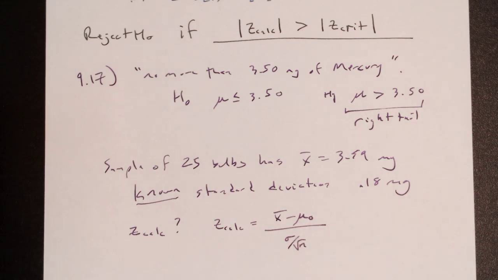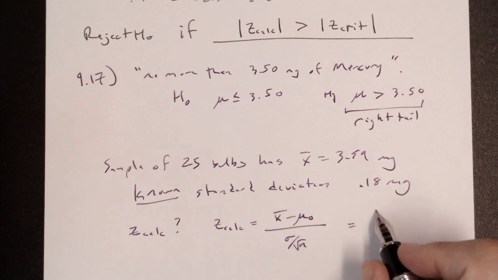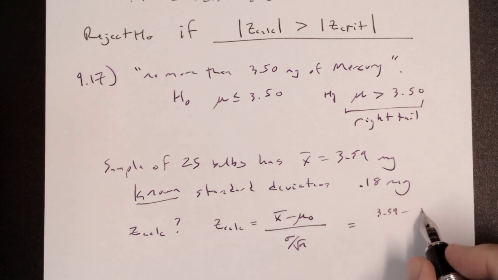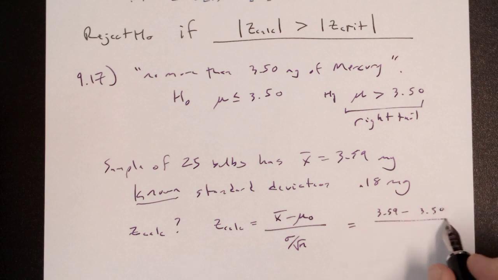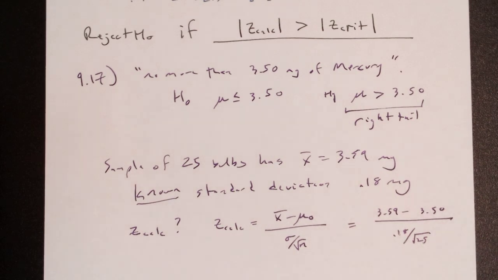For our problem, 3.59 minus 3.50 over 0.18 over the square root of 25. So sample of 25 bulbs, right? What is this number?